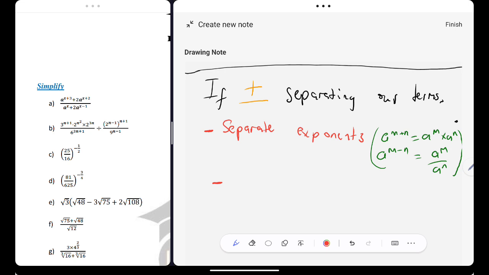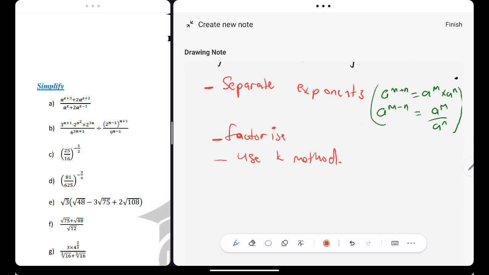Secondly, you must factorize, if you can. If you can't, use the K method, substitution, and then simplify. Those are the 3 steps we need to follow.